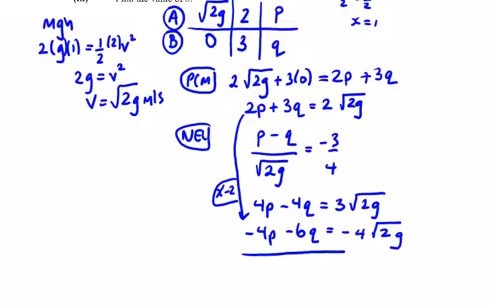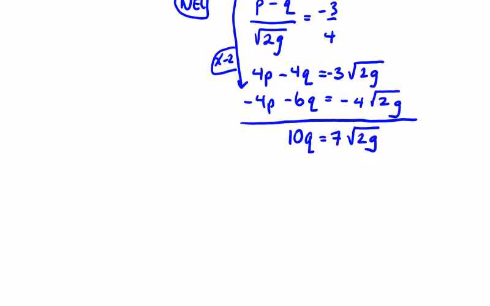Then minus 3 by the square root of 2g. So I'm going to get minus 10q is equal to minus 7 times the square root of 2g, so I can just write that as positive. 10q is equal to 7 times the square root of 2g, which means that q is equal to 7 by the square root of 2g over 10.